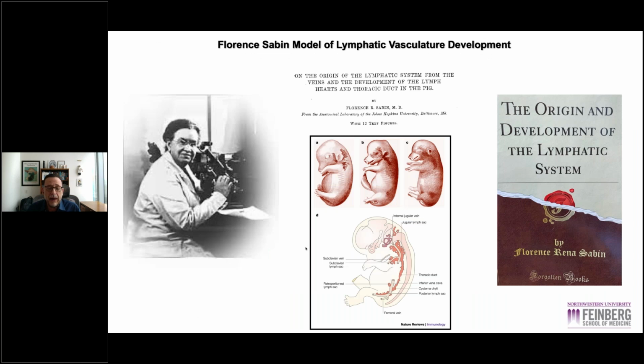In particular, I became absolutely obsessed with this remarkable scientist, Florence Sabin, because in 1902 she did this remarkable ink injection, in particular in pig embryos, and these are her original drawings, which are outstanding. She provided a detailed description of how the lymphatic vascular network is formed in the mammalian embryo, and she proposed that they have a venous origin.